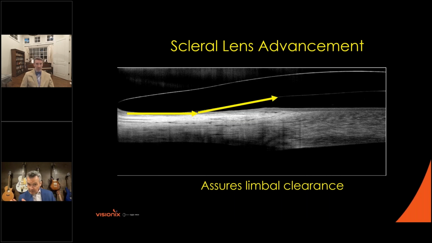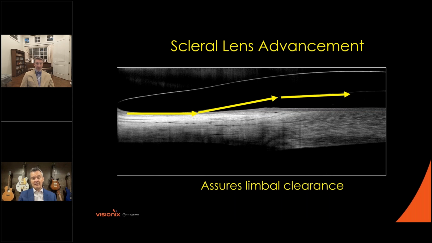You can see there's a reverse geometry curve that lifts the lens away from the surface of the eye. But if they didn't change the trajectory of that, the lens would have massive amounts of central clearance. So a lot of the contemporary scleral companies have added a secondary reverse curve to control that lift over the total cornea.